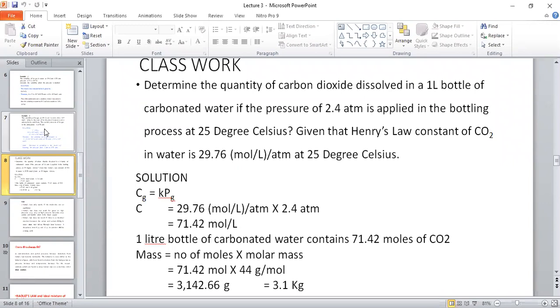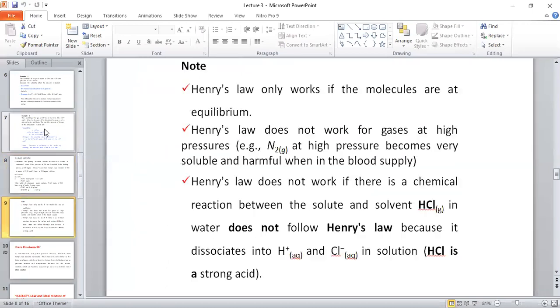So you've been able to calculate the exact amount of carbon dioxide that was added. So that's the solution to that problem. I want to complete the lecture first before we go back to that, but I want to believe that you understand it because I've taken time to explain it to you.